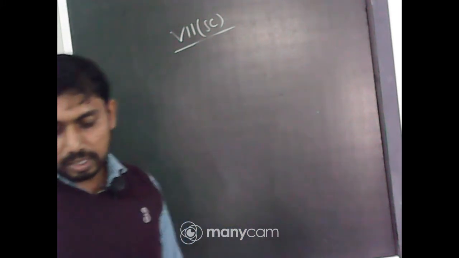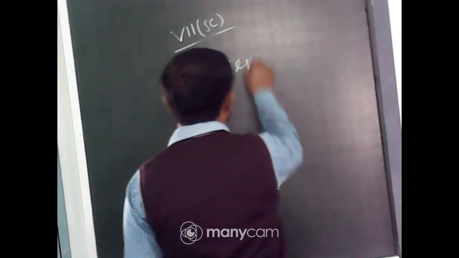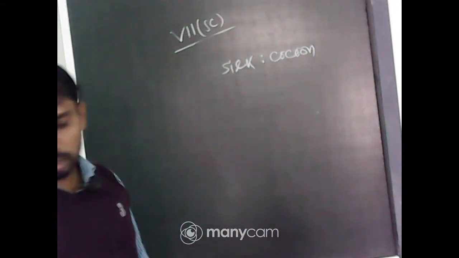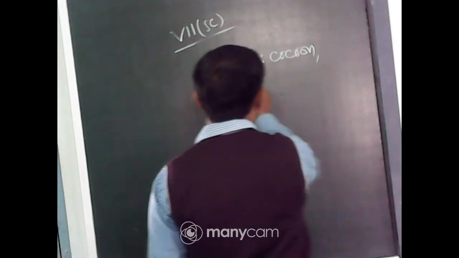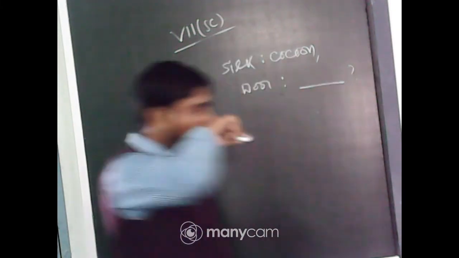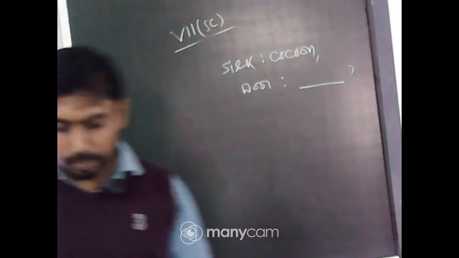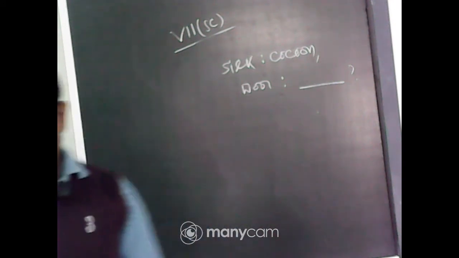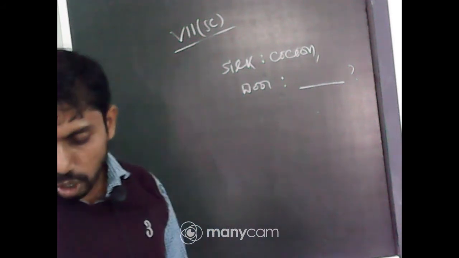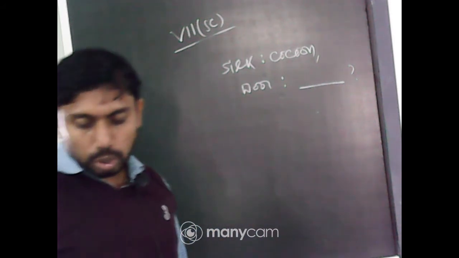So, I am writing here four words: silk is to cocoon, comma, wool is to what? The options are hair of rabbit, cotton plant, fleece of sheep, jute of hemp.